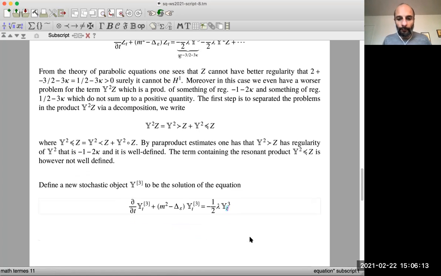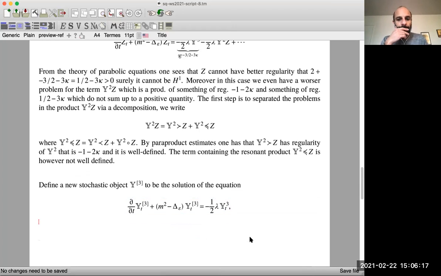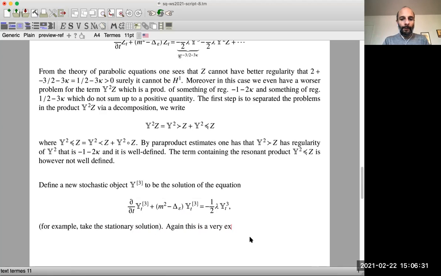So now I'm a bit perplexed. Take stationary. You prove that you can find a stationary solution of this equation. Okay, again, this is a very explicit functional of the Gaussian process.